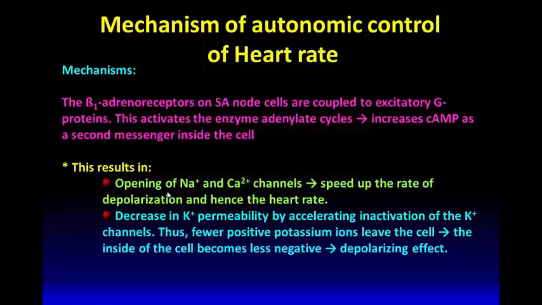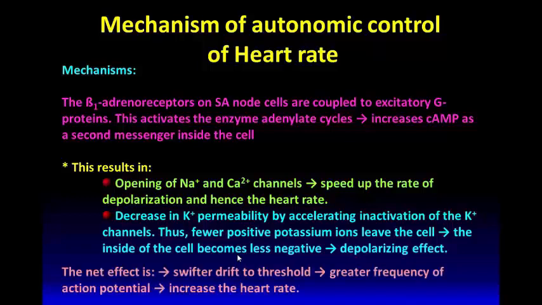Another effect of the increase in the level of cyclic adenosine monophosphate inside the cells of the sinoatrial node is a decrease in the permeability of the membrane of the cells to potassium by accelerating inactivation of the potassium channels. Hence, fewer potassium ions leave the cell, and the inside of the cell becomes less negative, resulting in a depolarizing effect.